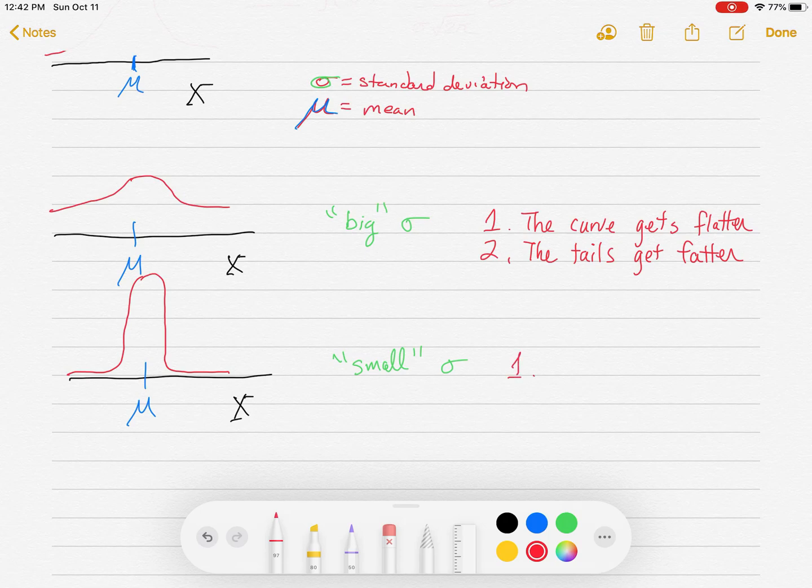So when I have a really small standard deviation, that's going to make my curve get really tall, and my tails are going to get really skinny. So number one, the curve gets taller. And number two, the tails get skinny.